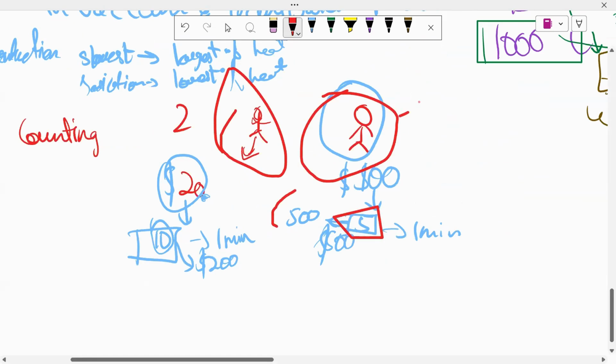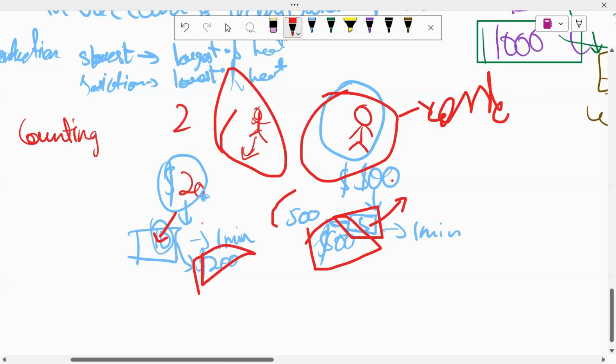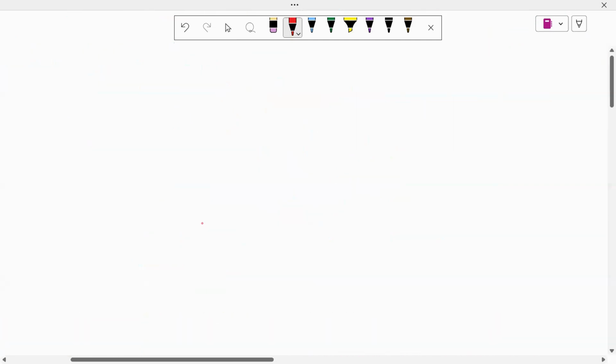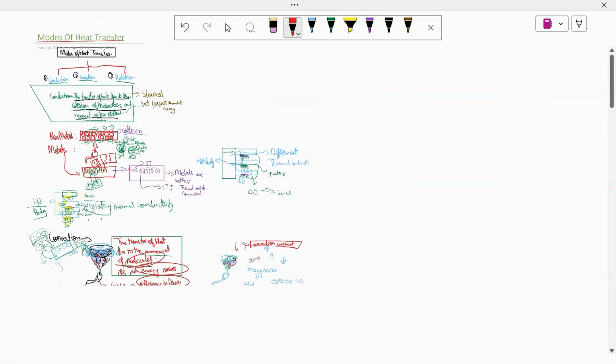So this example goes to conduction. Although it's counting only 5 notes, it counts a total of $500, while this one counts 10 notes but counts a total of only $200. So this is a big difference, and this is how it works.